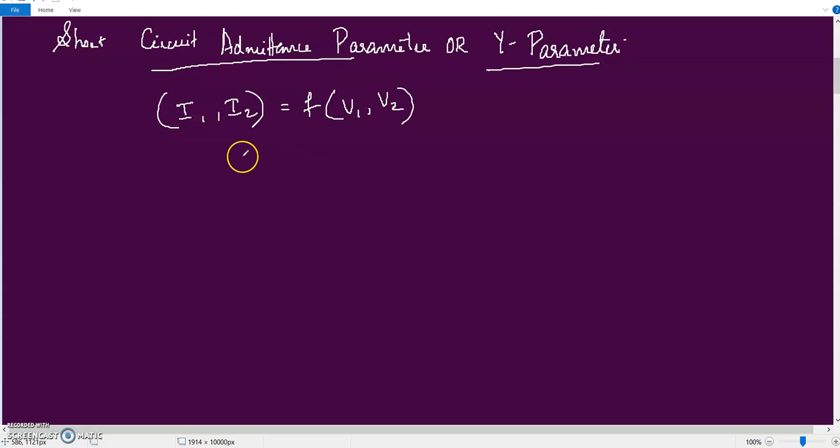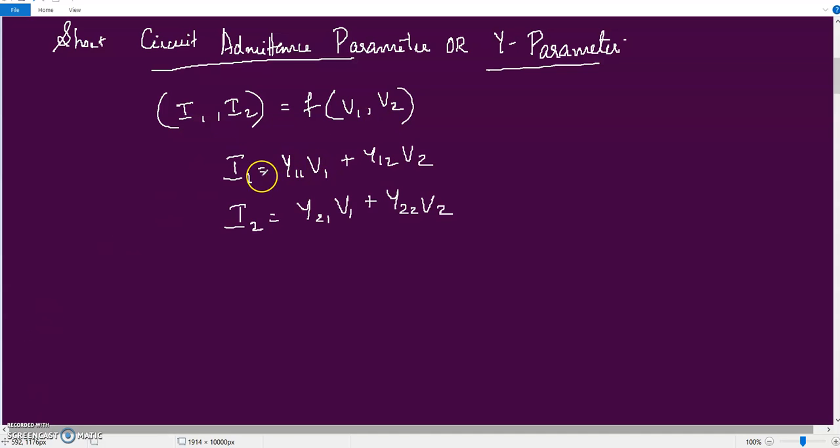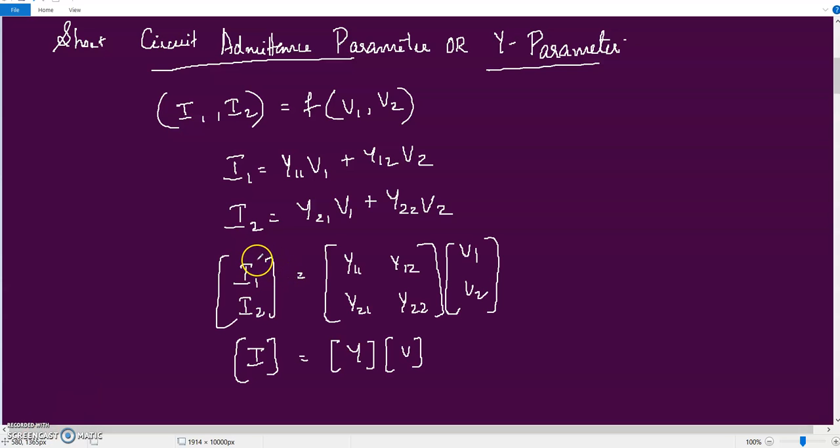So we can write the equations as I1 is equal to Y11 V1 plus Y12 V2, and I2 is equal to Y21 V1 plus Y22 V2. In matrix form we can write the matrix I1, I2 equal to the matrix Y11, Y12, Y21, Y22 times the matrix V1, V2. In common, we can write the current matrix is equal to the Y parameter matrix into the voltage matrix.